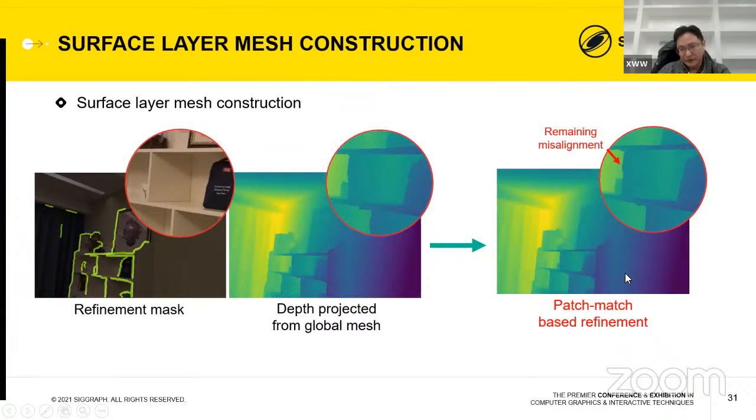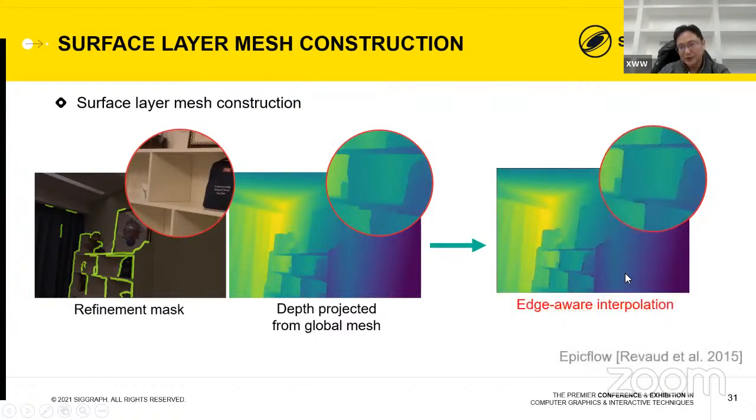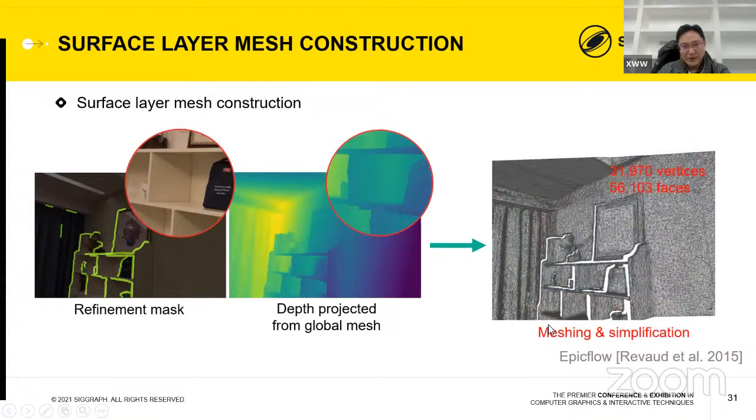So we do refinement. We first remove the misalignment between the geometry and the image edge, and then we do edge-aware depth interpolation to align the geometry and the image edge. With the refined geometry, we construct the surface layer mesh.